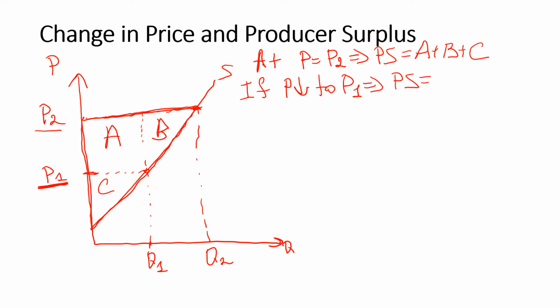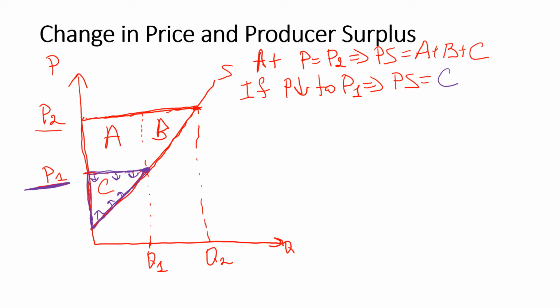Again, using the P1 price level, producer surplus is everything that is below the price, down to where we meet the supply curve. I'm going to go along the supply curve, take everything above it, and close the triangle along the price line. So that's our producer surplus, and it is going to be area C.